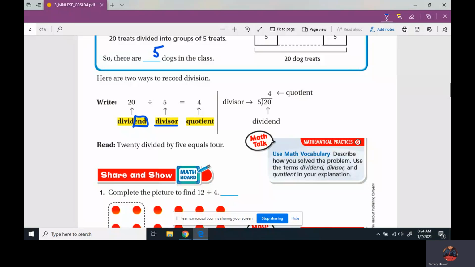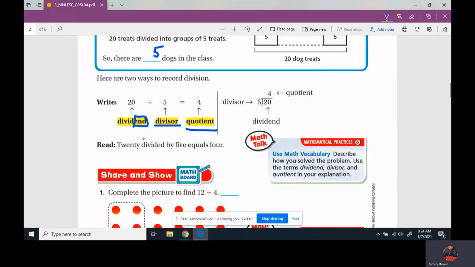The divisor is a number that's going to go into that and make it smaller. So for multiplication, it's factor times factor equals product. For division, it's dividend divided by divisor equals quotient. So the answer to any division problem is called the quotient. Okay? So when you guys come back to school and I say, what's the quotient? That's the answer to a division problem.